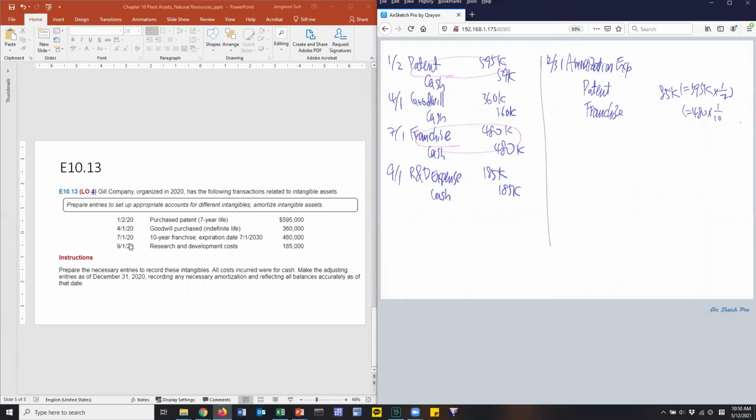But note that the date is in the middle of the year, July 1st. Between July 1st and December 31st, it is only half a year. So 48 divided by 2, 24K. So the sum of the 85 and 24, which is 109, is the amount that you need to amortize for the year.